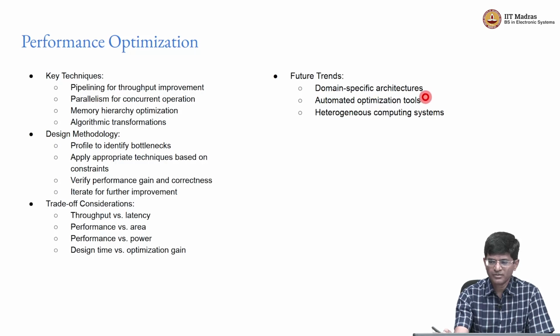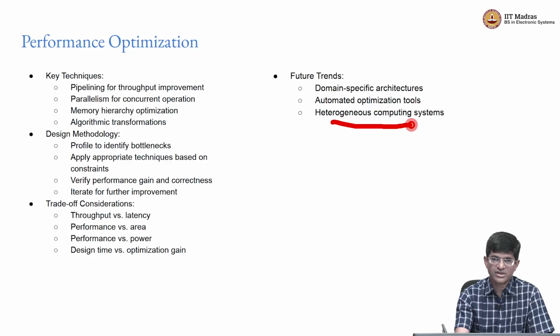Now the moment you have these kinds of domain specific architectures, it turns out that trying to write code by hand for each of those things is humanly almost impossible. So how do we automate these processes? How do we get optimized code or optimized hardware that fits well for the kind of problems that we have? And not just that, we are also increasingly dealing with heterogeneous computing systems.